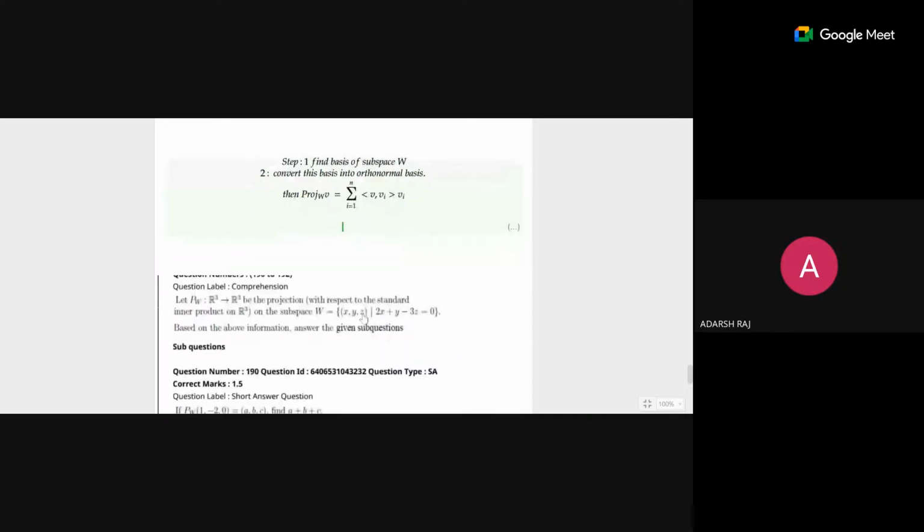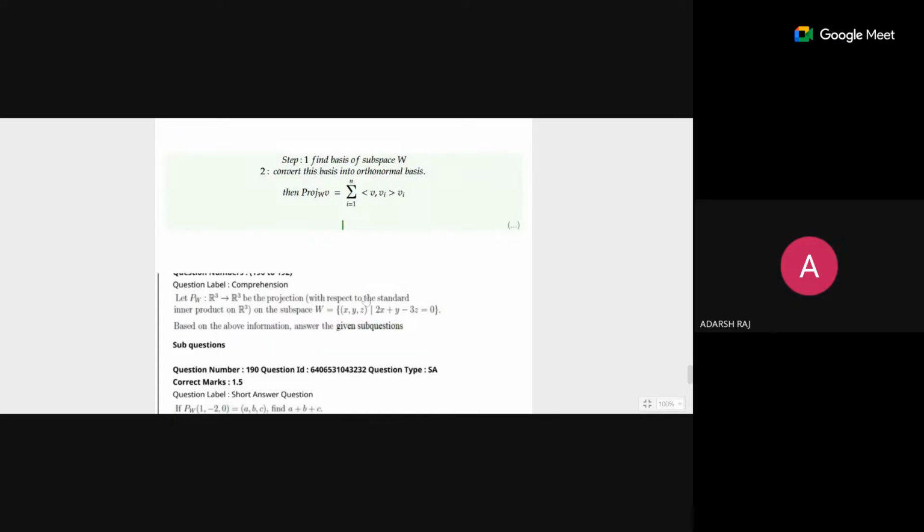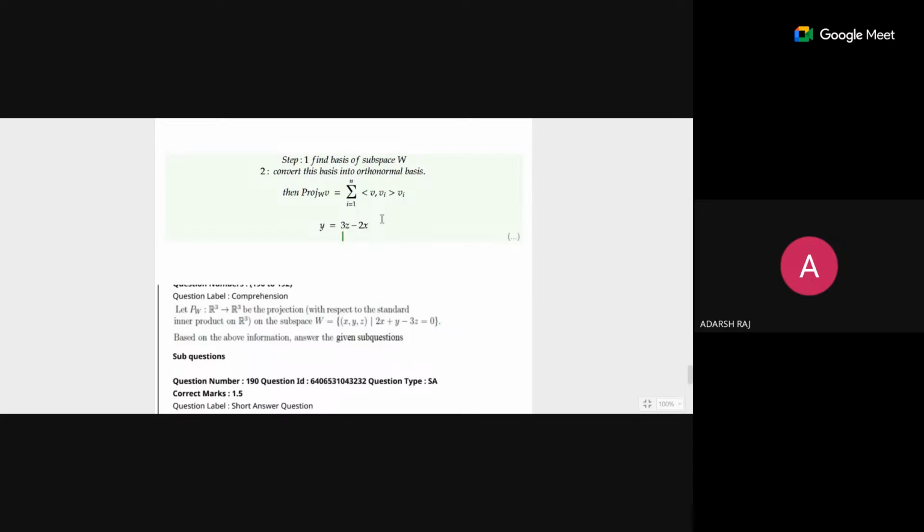So how do we find the basis for the subspace? Can I write y is equal to 3z minus 2x? Here x, and the value of y is 3z minus 2x, and z is here.